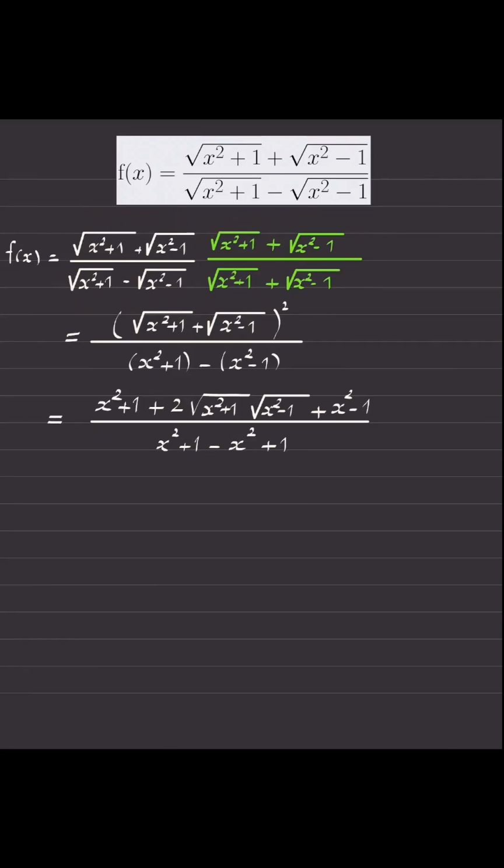Okay, so now this x squared and this x squared will be combined to simply 2x squared. And then this minus 1 here at the end and this plus 1 here are cancelled.